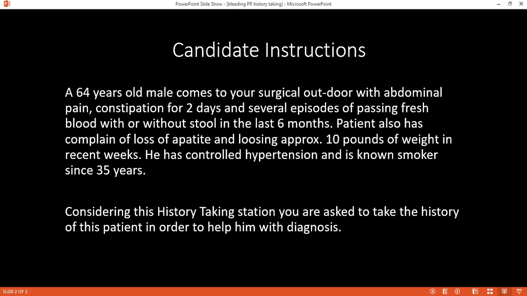No, doctor. Any skin changes? Any jaundice? No. Or any abdominal mass that you feel? No. Fever?